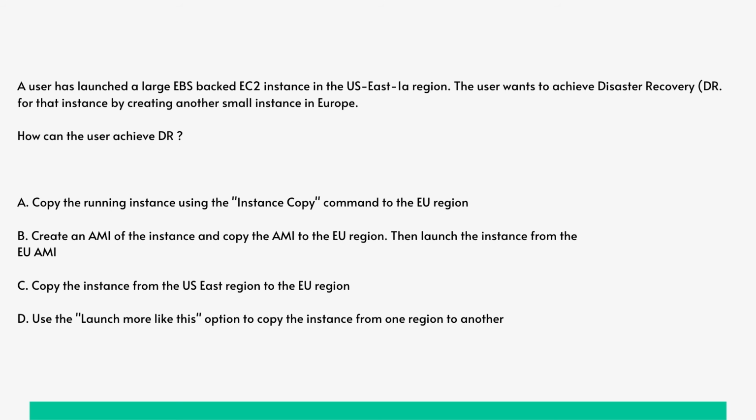Then launch the instance from the Europe AMI. Option C: copy the instance from the US East region to the Europe region. And option D: use the launch more like this option to copy the instance from one region to another.